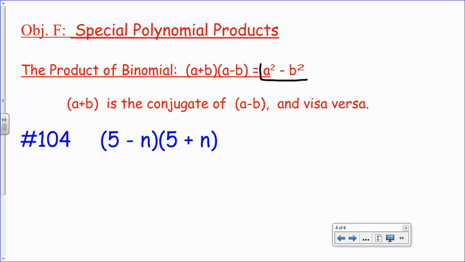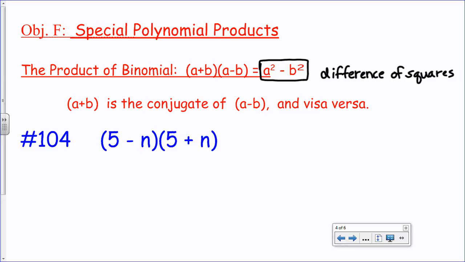This a squared minus b squared is called the difference of squares. We'll talk about that a lot when we're factoring. So difference of squares, that means a squared and b squared are perfect squares, and difference meaning you're subtracting.